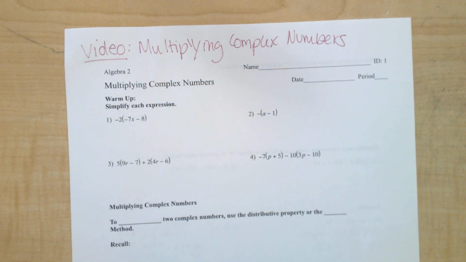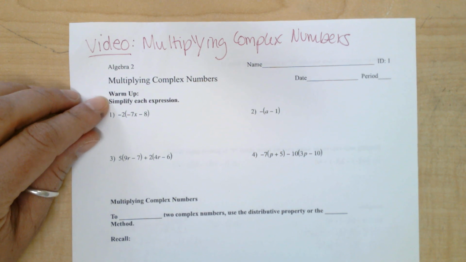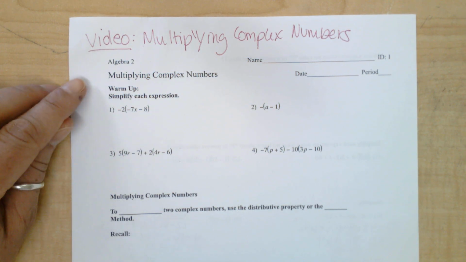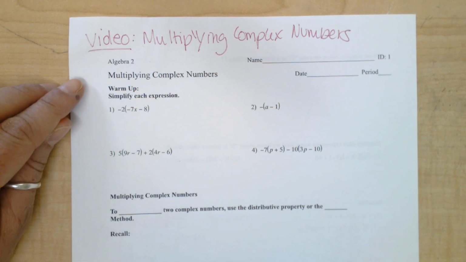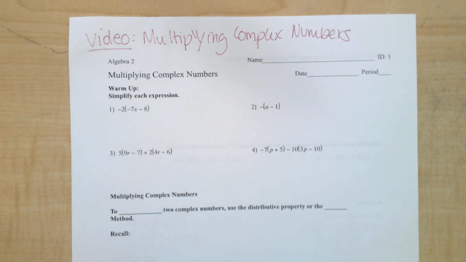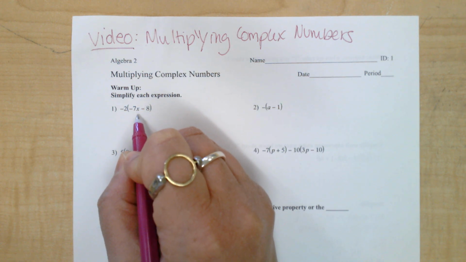All right, first a little warm up here, simplifying each expression. Before we start to simplify expressions with complex numbers, let's just review the distributive property and simplification of our expressions. So here we have negative 2 times the quantity negative 7x minus 8.